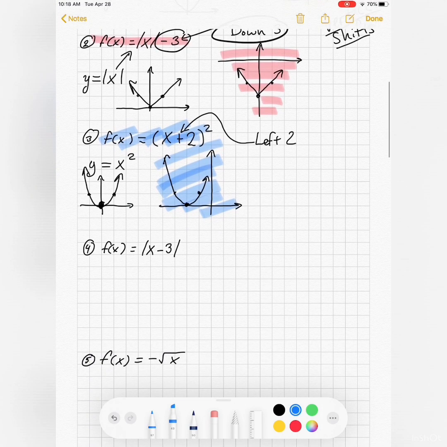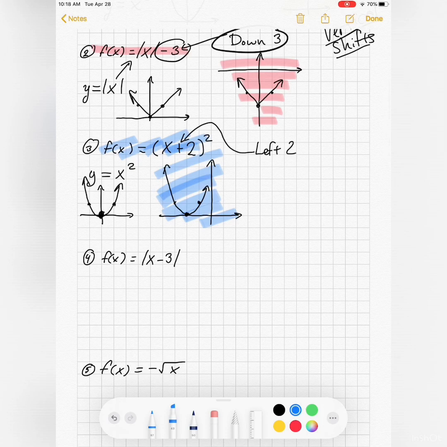And then look here, number 4 is very similar to number 2. But in number 4 here, see how again that 3 is on the inside versus in 2 it was on the outside? So that means this is going to be a horizontal shift. So I still start out with that absolute value of x, so that V shape.